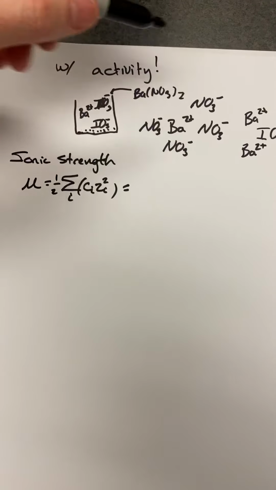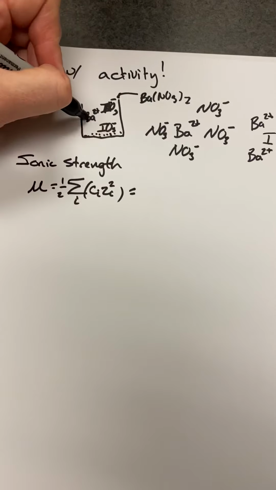So the ions that are in this solution right now that we know about are the barium and the nitrate, because those were the soluble ones. We wouldn't include the barium and the iodate from the barium iodate because it's a very, very small amount, and we don't even know how much would be solubilized in there. So we're going to go ahead and start with just the barium and the nitrate.